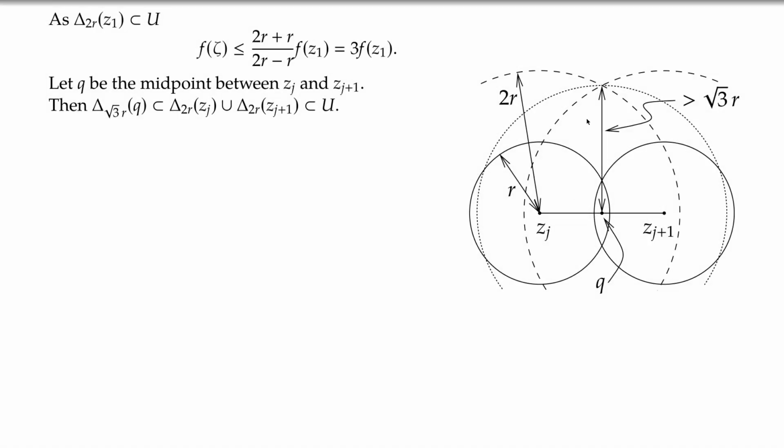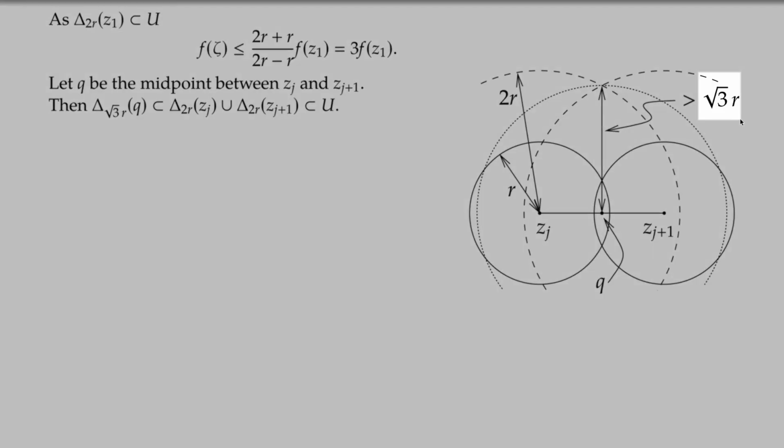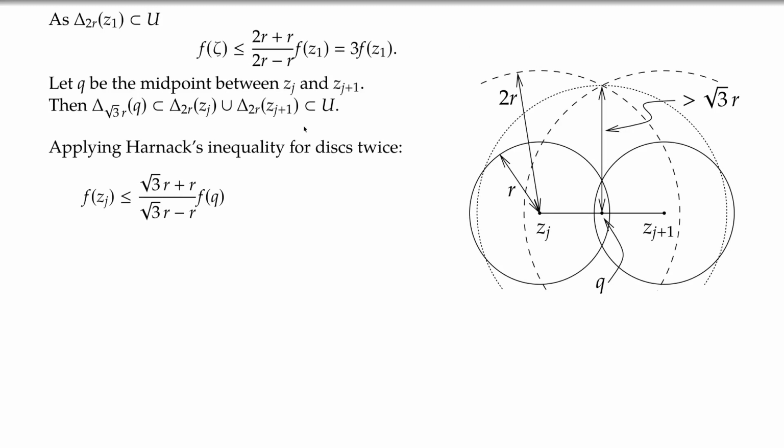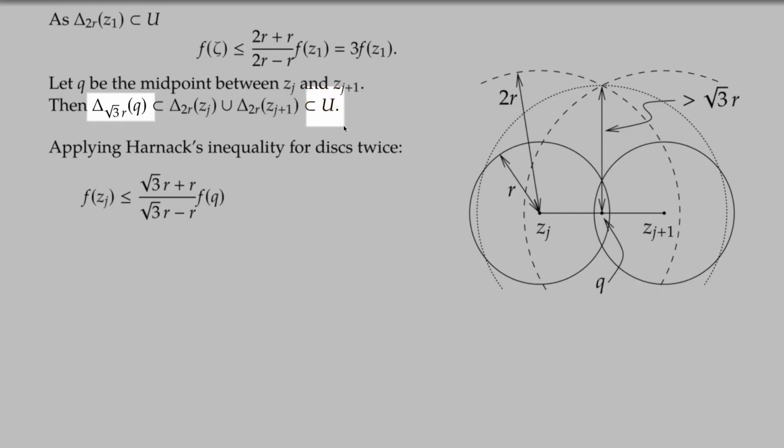So just a little bit of trigonometry says that the disk of radius square root of 3r is definitely inside the two big disks, right? So it's not quite a 2r disk around q, but it's still something bigger than some multiple of r. So we have this is a subset of U, and therefore we apply Harnack's inequality.